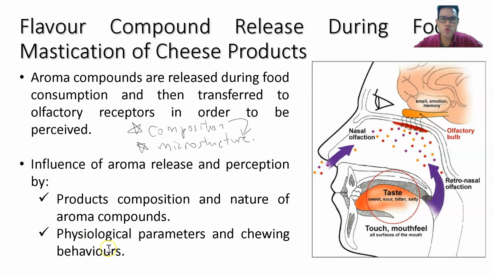Then there are physiological parameters and chewing behavior. Is the person going to chew very hard? Is the person going to chew for a very long time, because the food is a bit hard, so you need to chew longer? Compared to food that you only need to chew for a while before you can swallow straight away, the release of the flavor profile is very different.